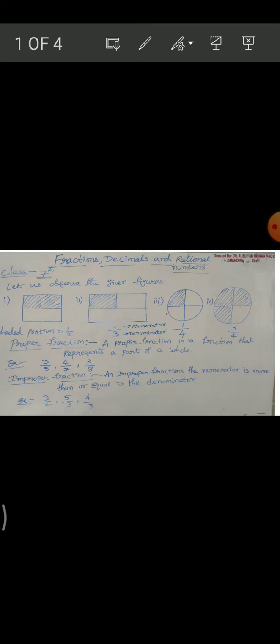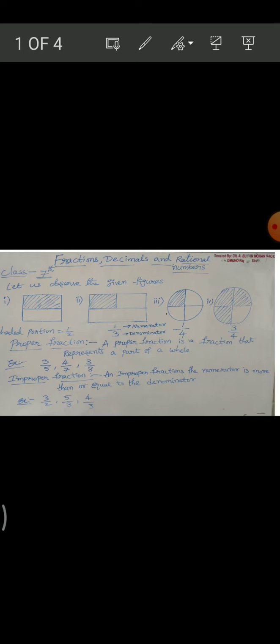Yes, you are correct, that is 1 by 3. Why? Because there is one shaded portion and the total is divided into 3 parts. So we write 1 in the numerator place and the total 3 parts in the denominator place. Yes? Okay.